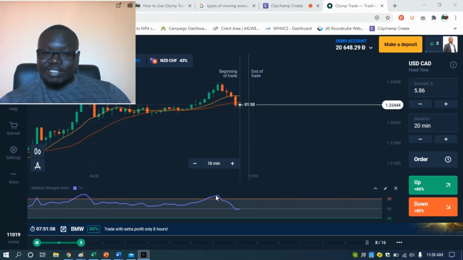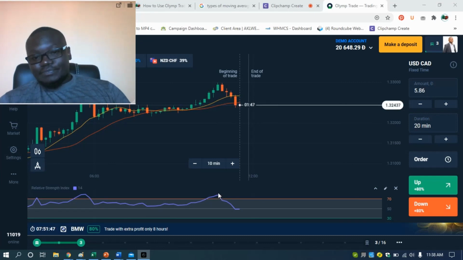Make sure that it is in the overbought zone. Yeah. By the time that you are trading, after you've confirmed these signals, make sure that the RSI is also in the overbought zone, and it's actually facing the downside.